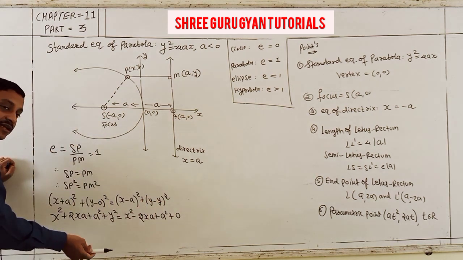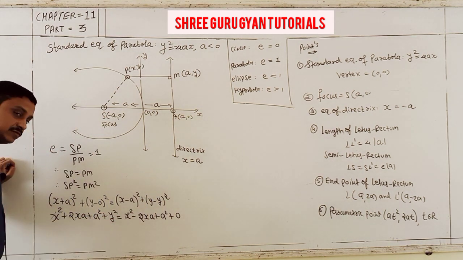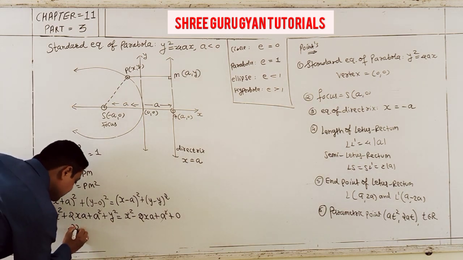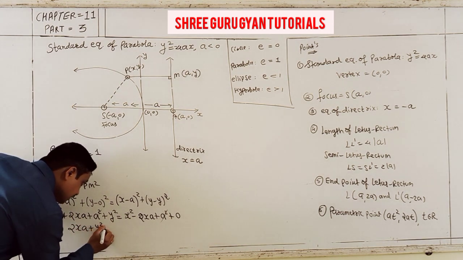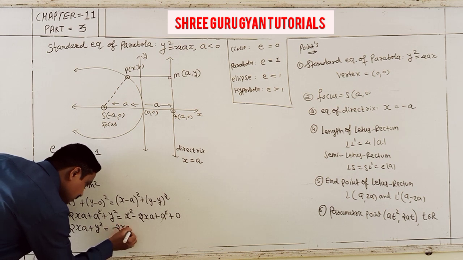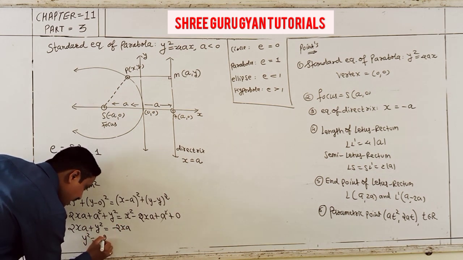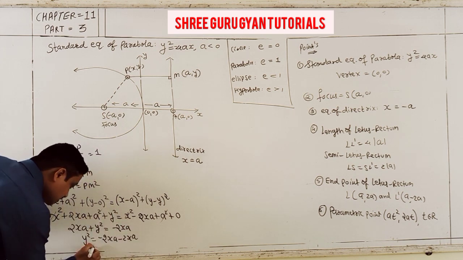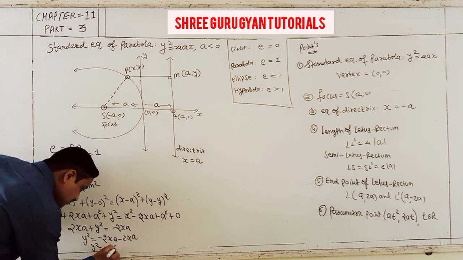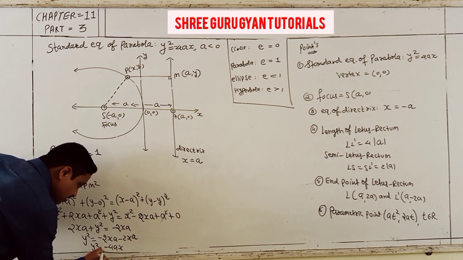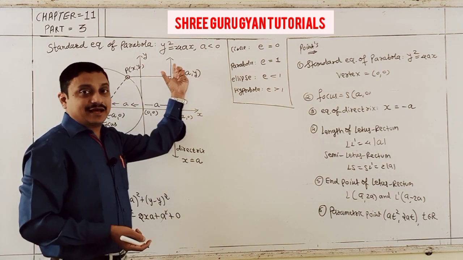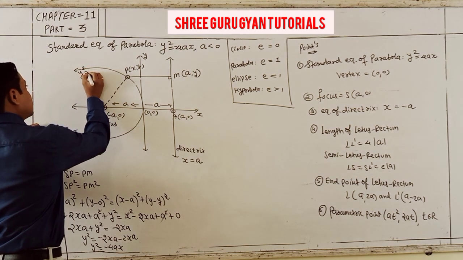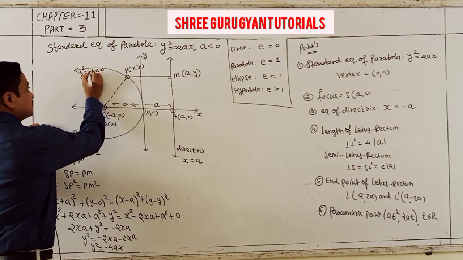Now you will check, x square gone, a square gone. Only you have twice xa plus y square minus twice xa. So what is y square? Yes, minus twice xa minus twice xa. So your answer y square is equal to minus 4ax. That's your standard equation of parabola, this curve. So you mention in the drawing y square is equal to minus 4ax.